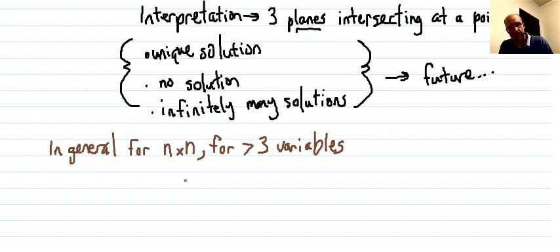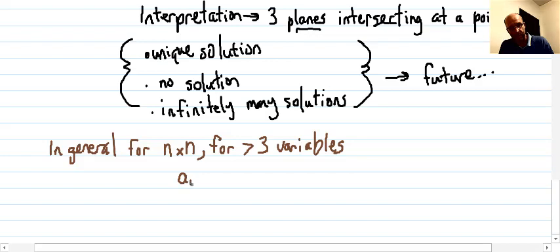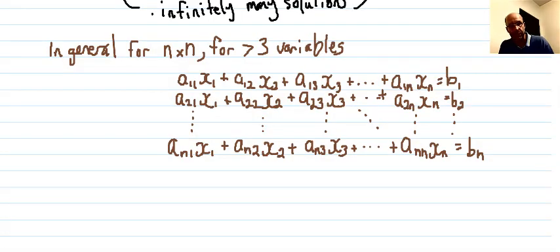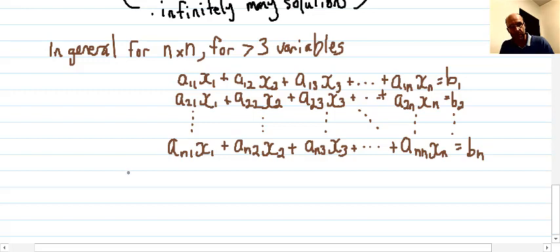So we can take it past 3 by 3. In general, we have a system of equations like this, and that's a general look at it.